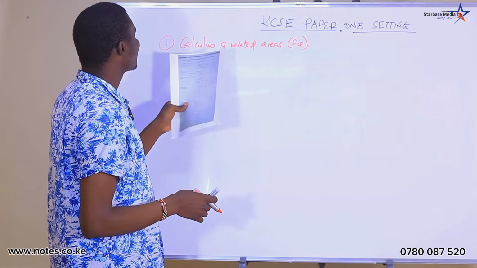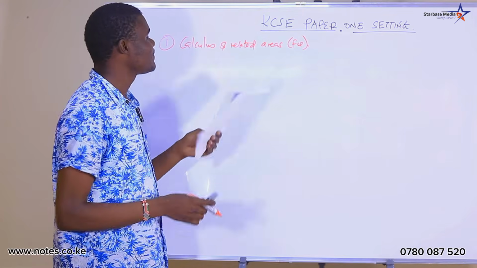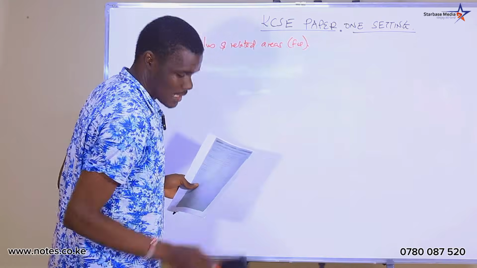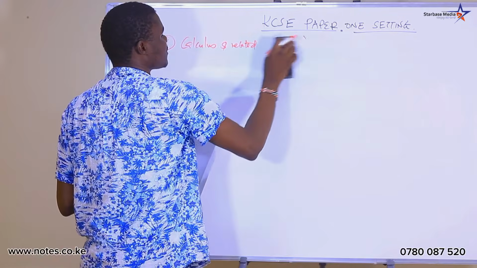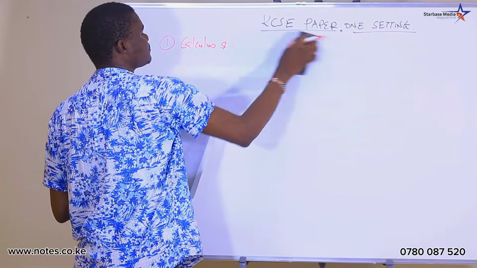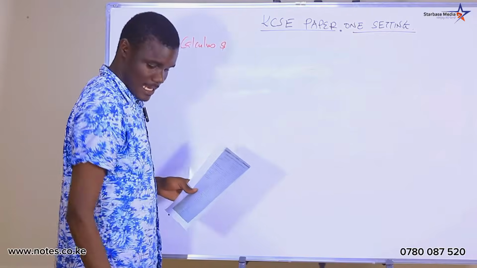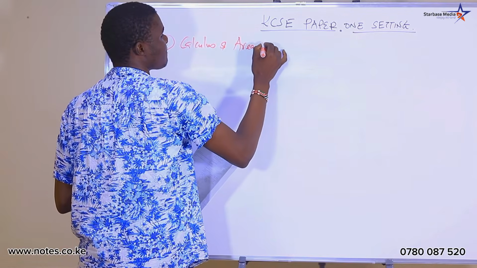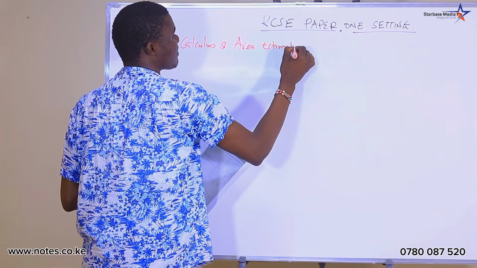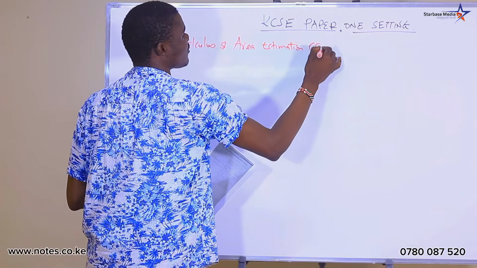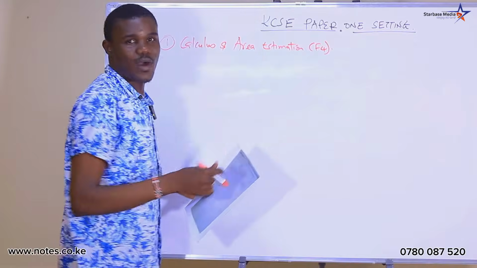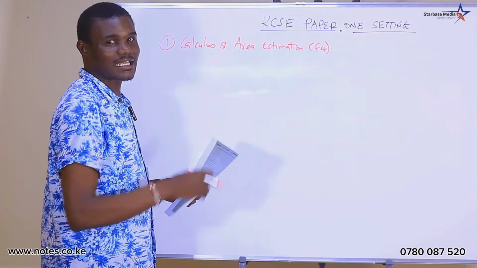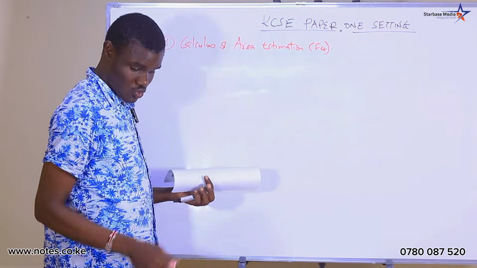It is called calculus and area estimation. So this is a topic in Form 4. So you should expect one question in section 1 and another in section 2.